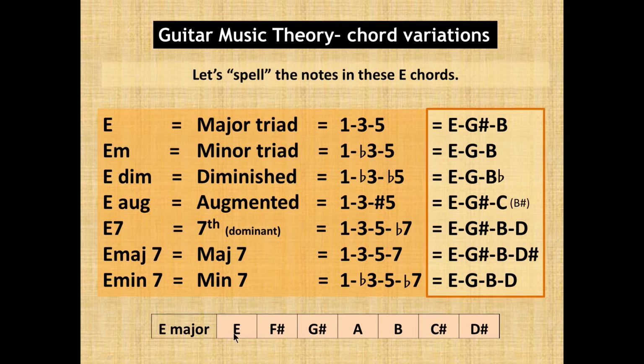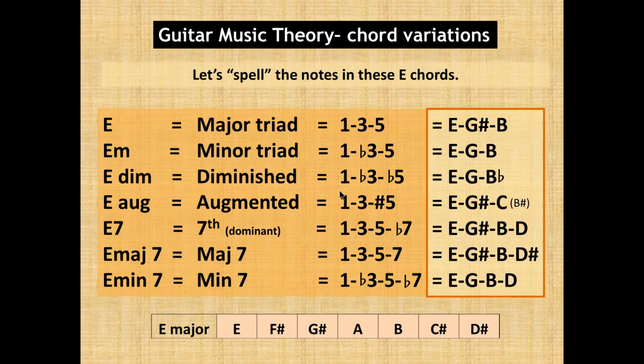So that would be E, and G sharp flatted would be G, and B. And so here you have the spelling. And this is important because spelling the chords is the way that makes it easy for you to then translate it back to the fretboard and to the forms that you're creating, the notes that you're using when you create a chord form on your guitar.